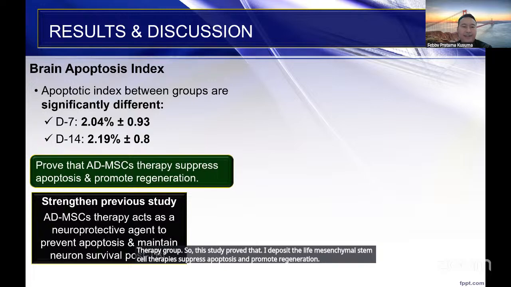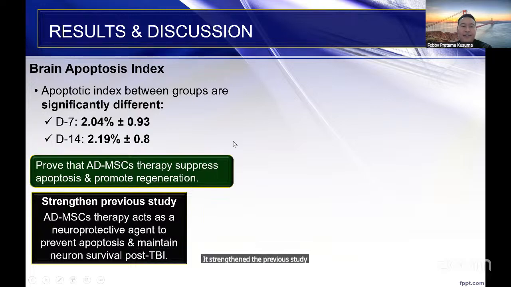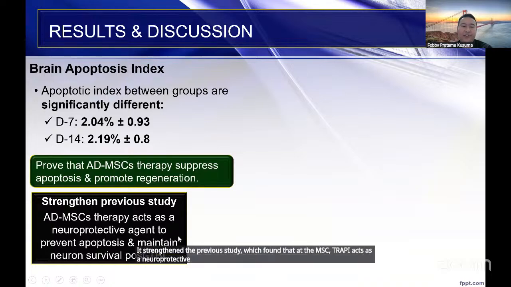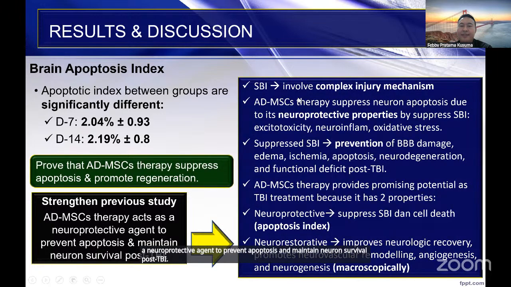It strengthened the previous study, which found that ADMSC therapy acts as a neuroprotective agent to prevent apoptosis and maintain neuron survival post-TBI. Secondary brain injury involves a complex injury mechanism, and adipocyte-derived mesenchymal stem cell therapy can suppress neuron apoptosis due to its neuroprotective properties by suppressing the secondary brain injury complex mechanism, including excitotoxicity, neuroinflammation, and oxidative stress.